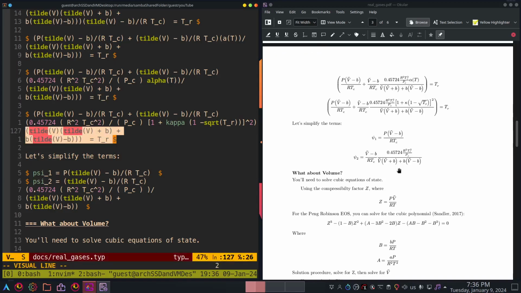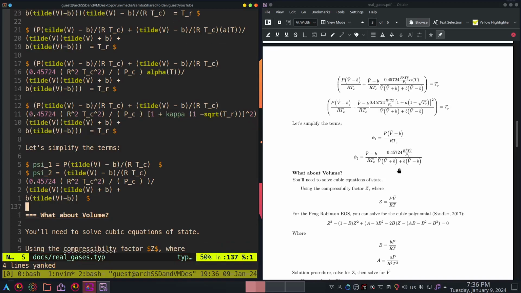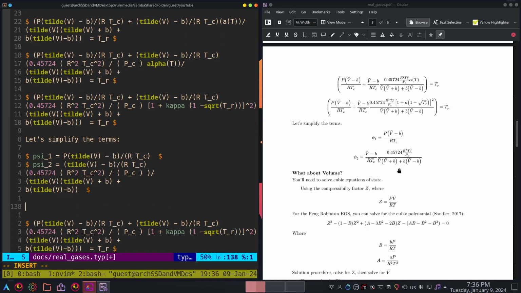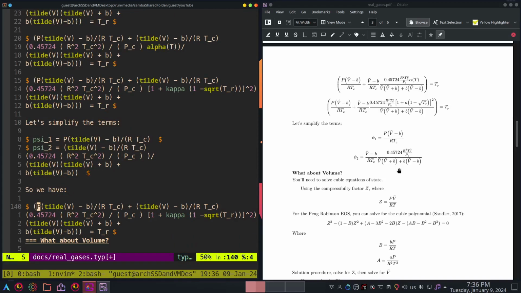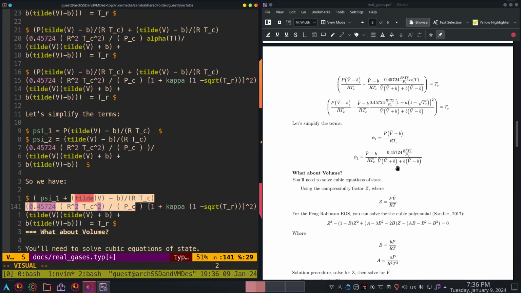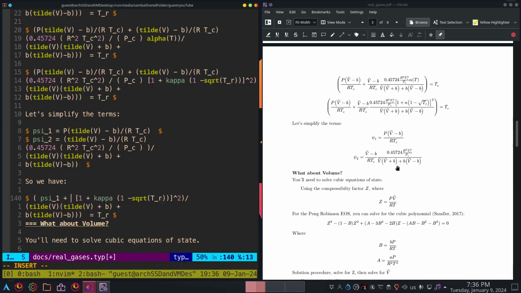So at least I can do something like this now. This is because I want to make the equation a little bit more readable. Otherwise, it'll be quite a nightmare to manage all of this. So I'll just call this psi 2.